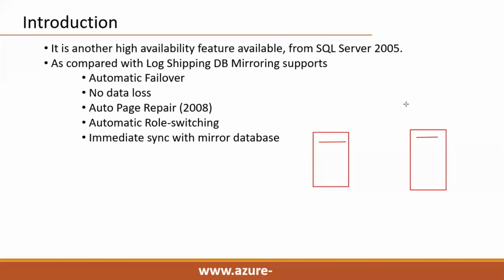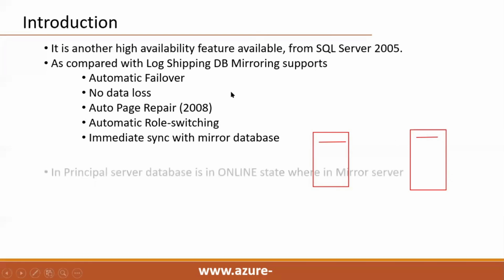So mirroring is log file to log file direct copies, LDF to LDF. In fractions of seconds, changes are synced with mirror. There is no delay, immediate sync is there.